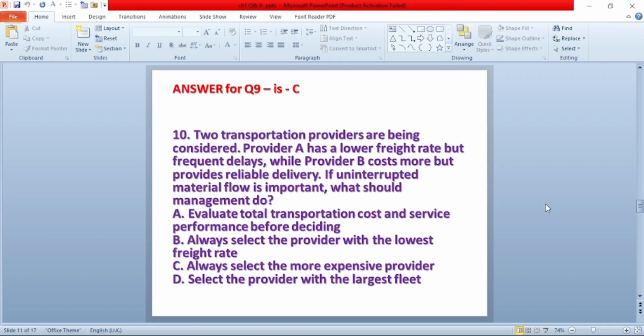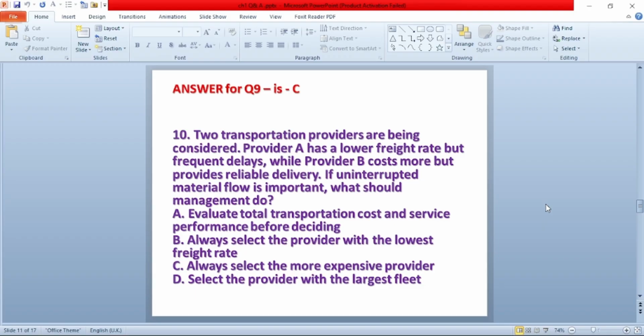Question number 10. Two transportation providers are being considered. Provider A has a lower freight rate but frequent delays, while provider B costs more but provides reliable delivery. If uninterrupted material flow is important, what should management do? A. Evaluate the total transportation cost and service performance before deciding.